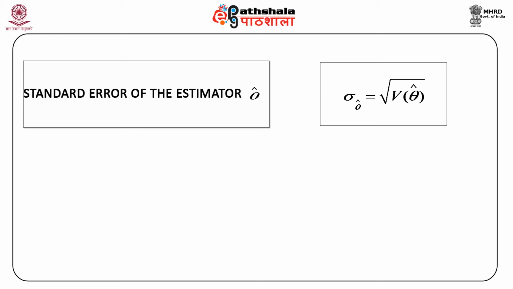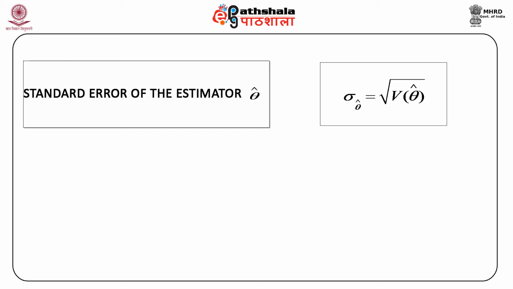Smaller the standard error, narrower is the spread of the distribution, and more likely is the estimate to be close to the true value of the parameter. Larger the standard error, greater is the spread of the sampling distribution, and correspondingly, the likelihood of a precise estimate also decreases. Thus, the standard error tells us roughly within what distance of theta hat we can expect the value of theta to lie.